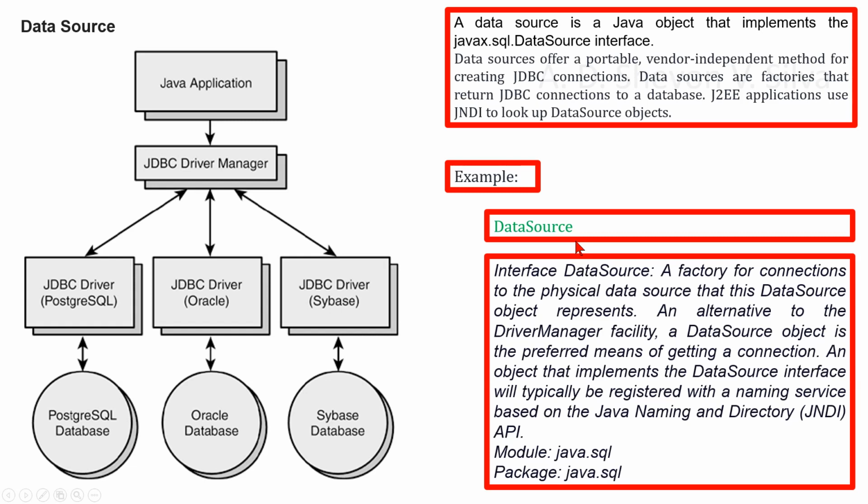There are three types of implementation. One, basic implementation produces a standard connection object. Two, connection pooling implementation produces a connection object that will automatically participate in connection pooling. This implementation works with a middle tier connection pooling manager.